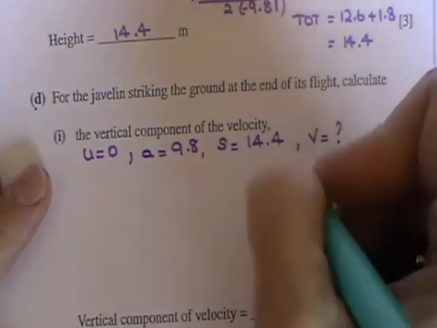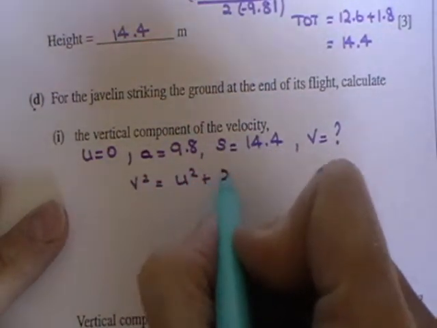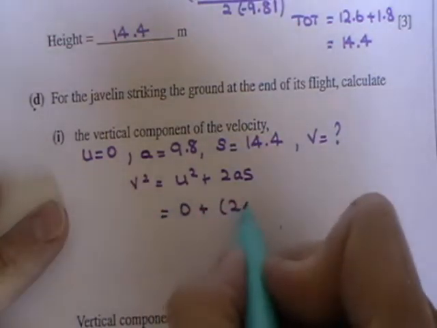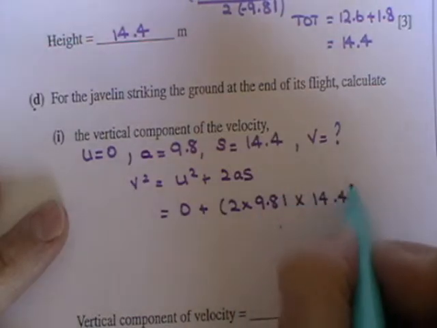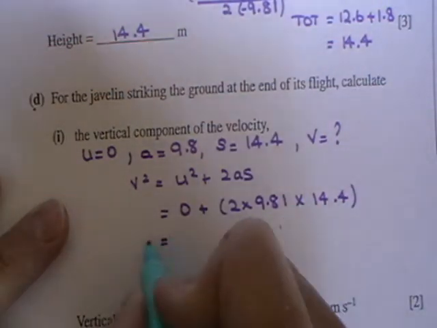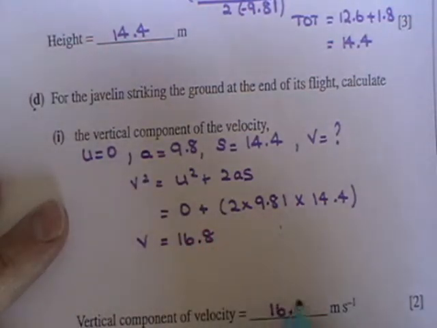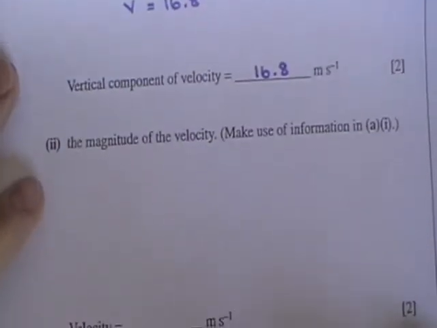And again, it's the same equation, v squared equals u squared plus 2as. That's equal to 0 plus 2 by 9.81 by 14.4. And v comes out to be 16.8. That's your answer. So the last bit, calculate the magnitude of the velocity.